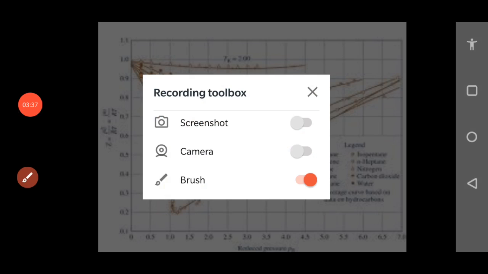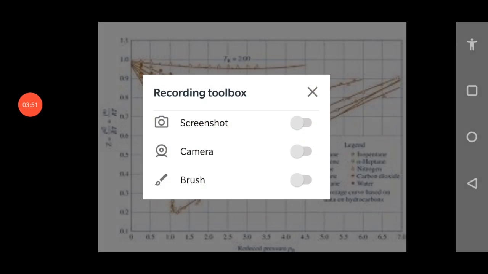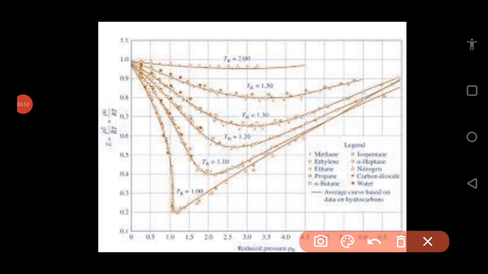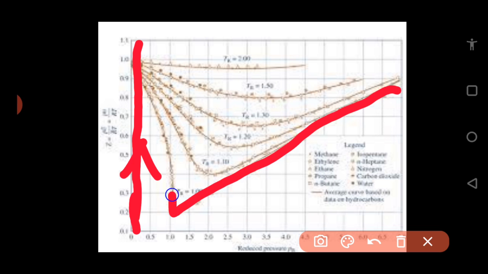Now you can see this again, the general compressibility chart. So PR is 0.177, very low, that is somewhere here. We can take this line here, this line very close to the x-axis. This is PR equal to 0.177. TR is 1, so you can see this line is the TR 1 line.